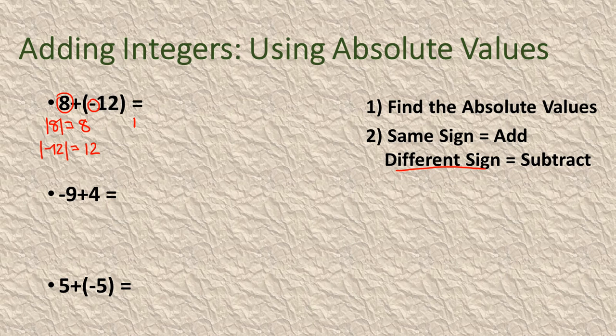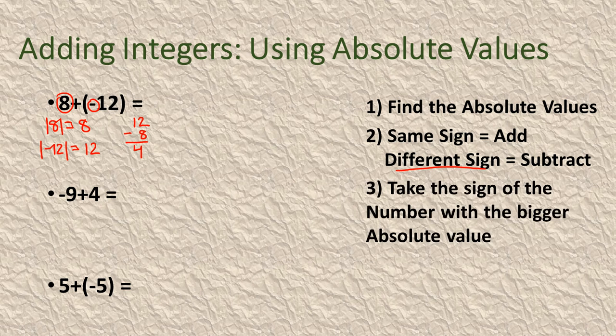We always subtract the smaller one from the bigger one. So we say 12 minus 8, and we get 4. And so then our final step is that we take the sign of the number with the bigger absolute value. So since our negative 12 is bigger, our answer will be negative 4.